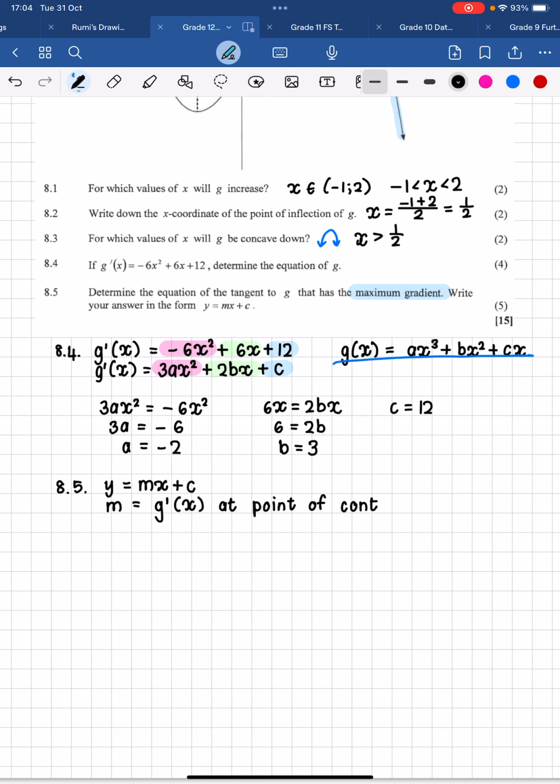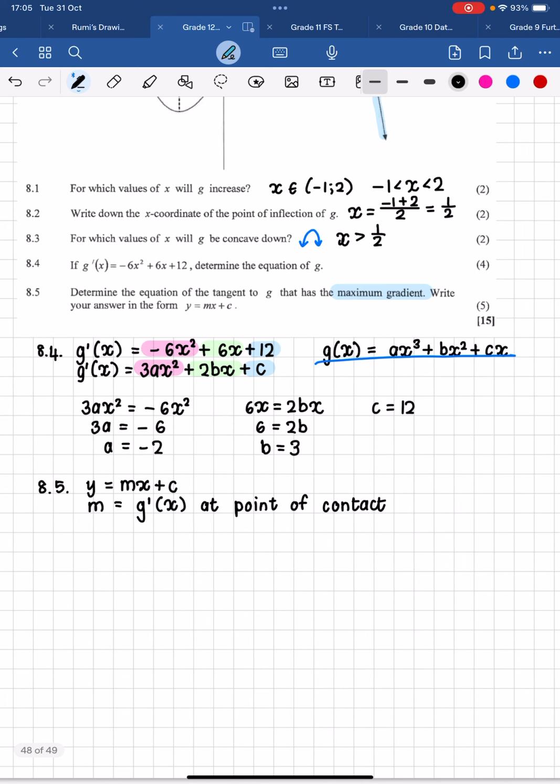Usually the question says, find the equation of the tangent to the graph at x equals 5 or x equals 2 or whatever. Katalia, I'm busy doing 8.5 right now. So that is what we normally do. We find the derivative, and because it is the derivative of a cubic graph, with an x cubed, that means that there's going to be an x in it.